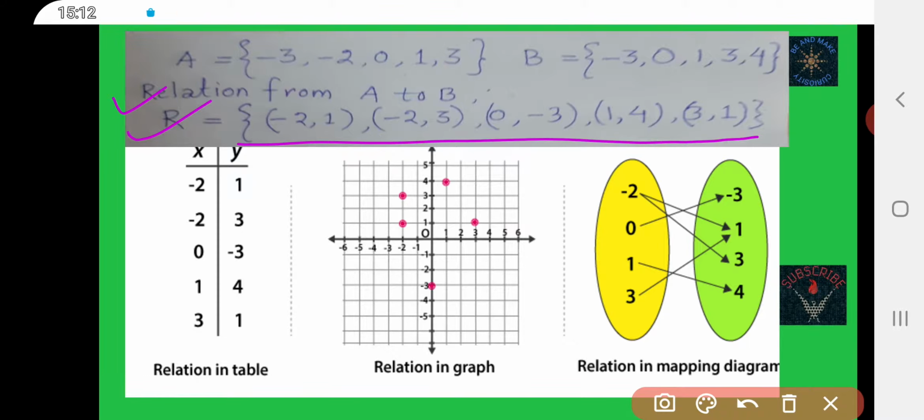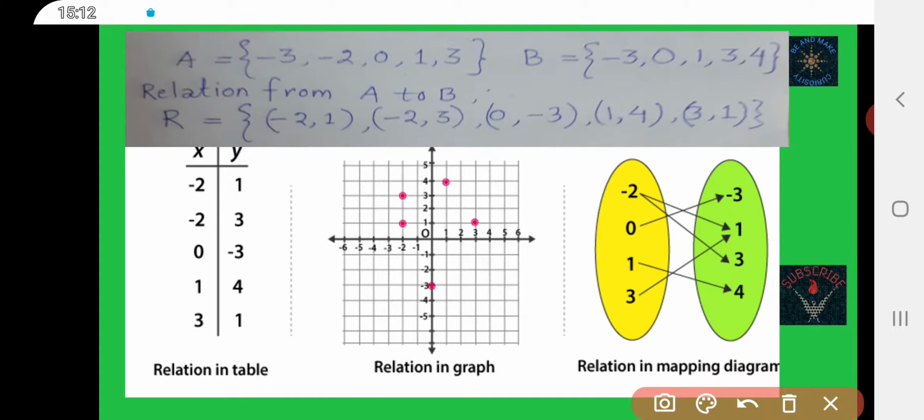You can write it in a table, in a graph, and as a relation in a mapping diagram, or arrow diagram you can say. So we can represent a relation in a table, in a graph, in an arrow diagram, that is, a mapping diagram.